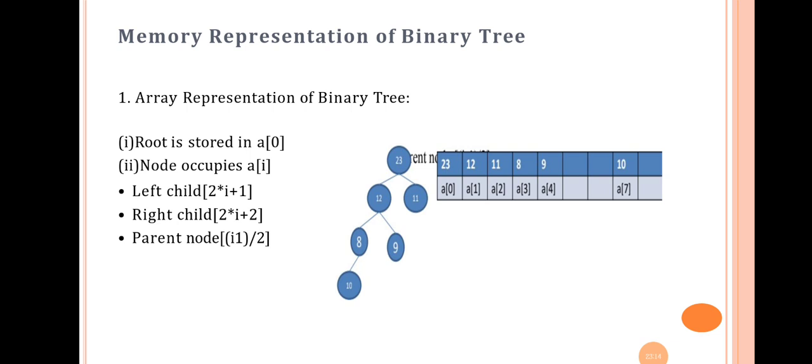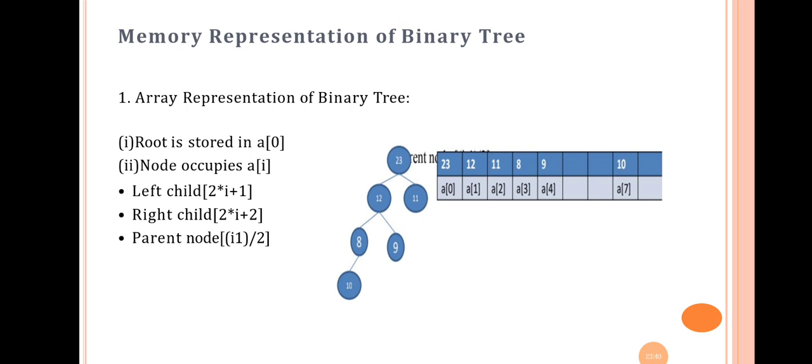Memory representation of binary tree. First is the array representation of a binary tree. The root node is stored in A[0], and a node occupies A[i]. The left child is at 2*i+1, the right child is at 2*i+2, and the parent node is at (i-1)/2. Here is an example of the array representation of a binary tree.